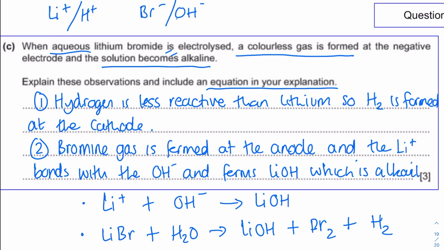So you've got 3 over here and 2 over here. So let's balance there to make 4 hydrogens. You need 2 bromines and 2 lithiums, and you've also got 2 oxygens, so that's balanced too.